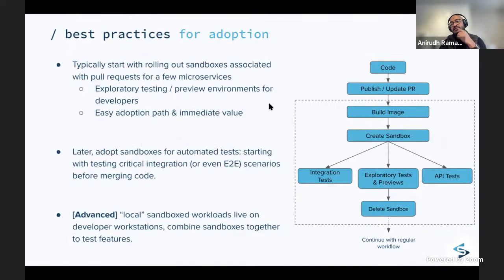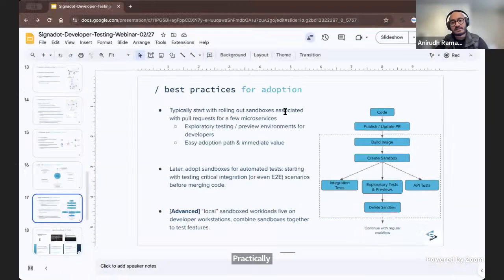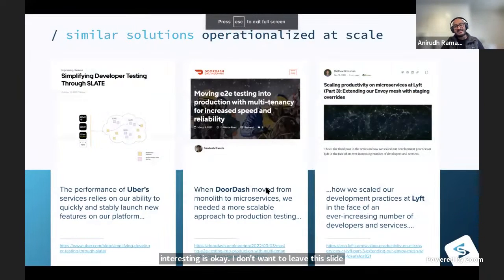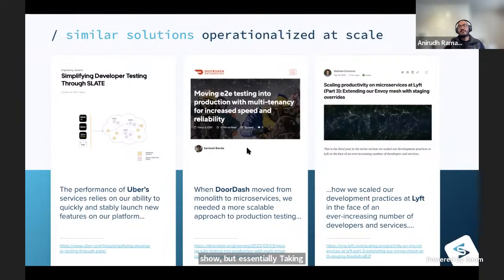Practically speaking, I think the one flow that might be interesting is, okay, I don't want to leave this slideshow, but essentially taking a mobile app development company using sandboxes to test their backend microservices, and then the debug version of the mobile app actually containing a provision to add these special headers.